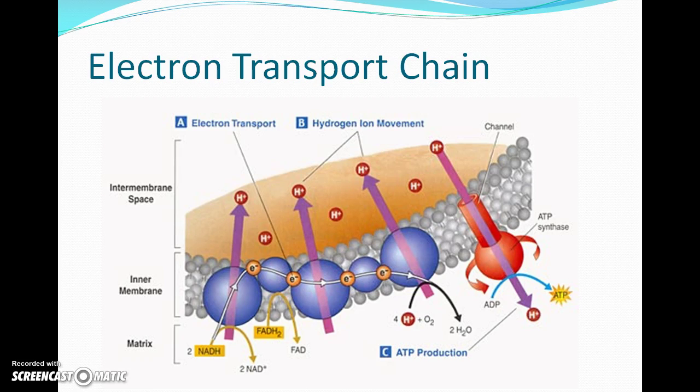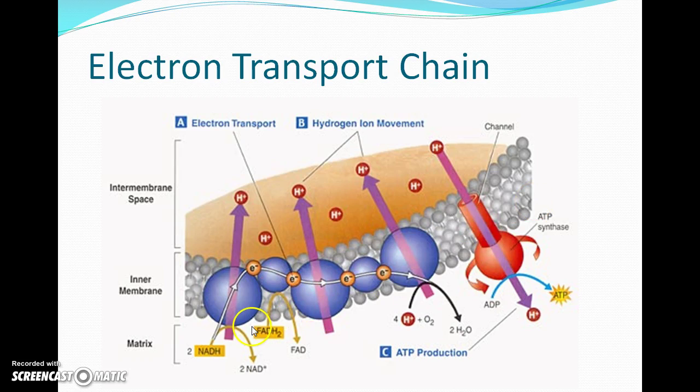Your mitochondria has a double membrane, just like your chloroplasts. Here we see this intermembrane space. This is the space between the two membranes. This right here, the matrix, is the inside of your mitochondria. So we're focusing on this inner membrane, the membrane that's inside the mitochondria.